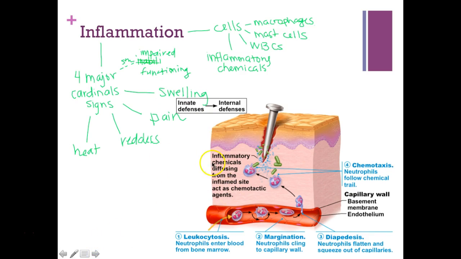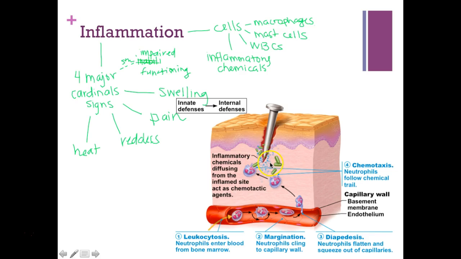Okay, so the way we get swelling and pain, when we get some kind of disruption of our body, let's say a dirty nail has entered our skin, okay? There's bacteria on the end of that nail. So we start to get some cells around this area signaling to us, hey, there's some bacteria in here, I need some more help.